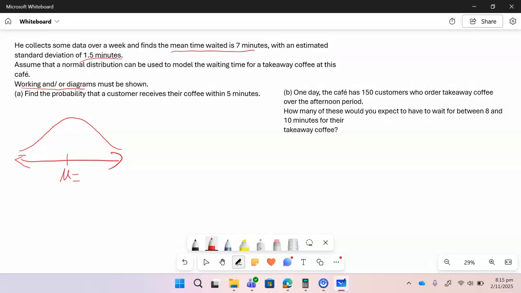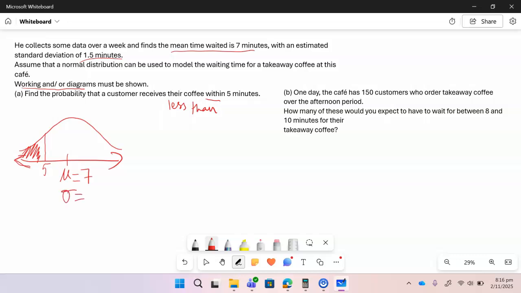The mean in the middle is 7 minutes, and we want the probability that the customer receives their coffee within 5 minutes. The word here is "within 5 minutes," meaning you want it to be less than 5. Therefore, we're looking to the left of this value.